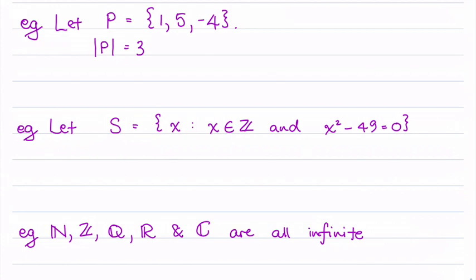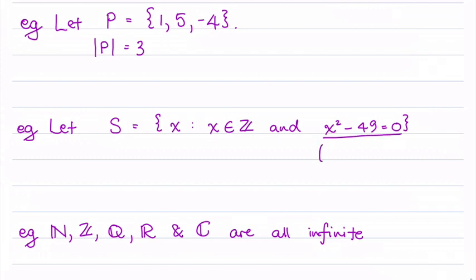Let's look at a slightly more complex example. We're looking at the set S of all x, where x is an integer and x squared minus 49 is equal to 0. So we want to find all the integers which make this equation true.